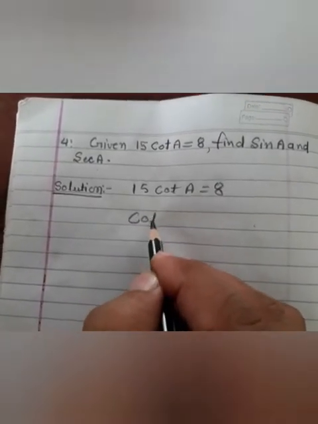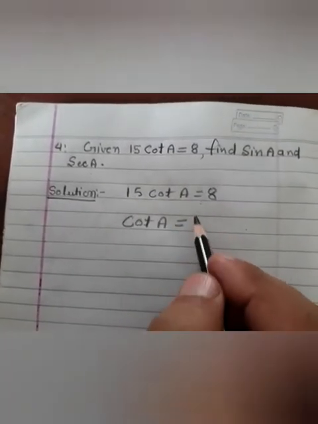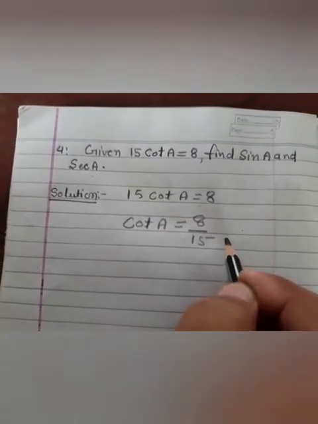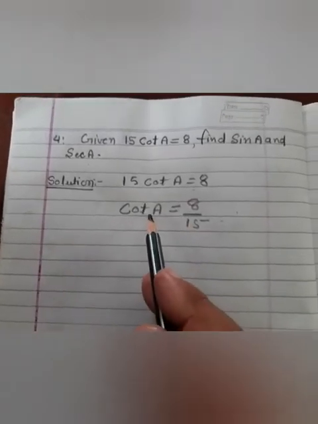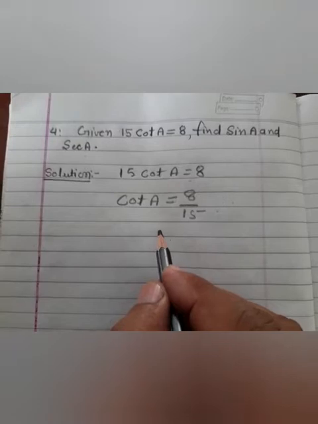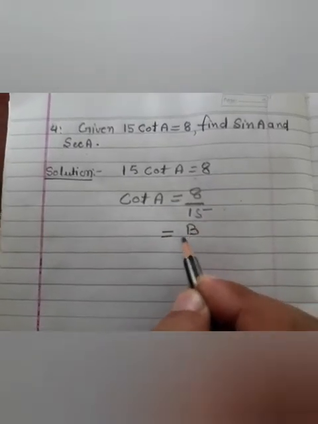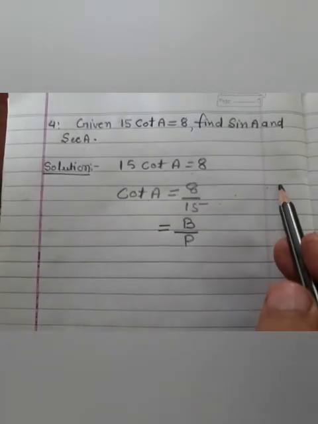Cot A is equal to 8 upon 15. Clear? And cot A is equal to, what we write here? Cot is equal to base upon perpendicular. The right angle triangle.